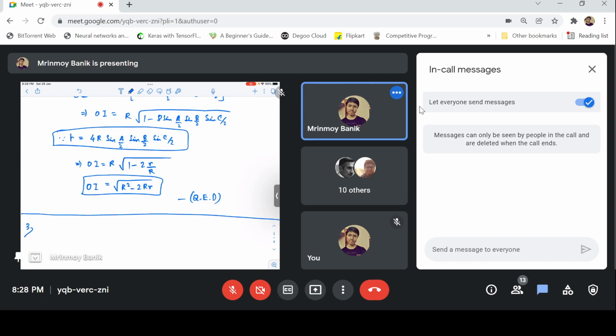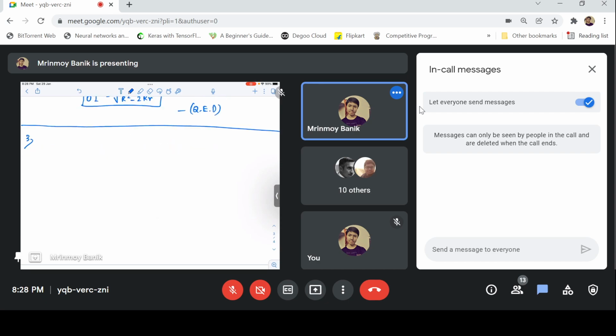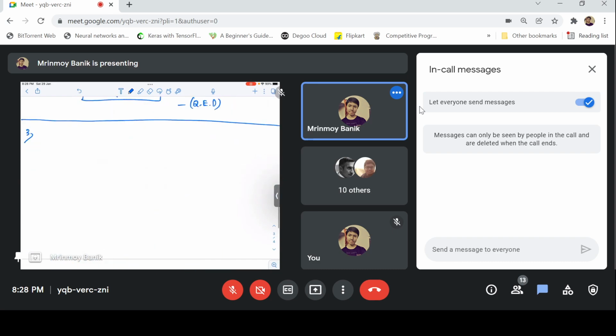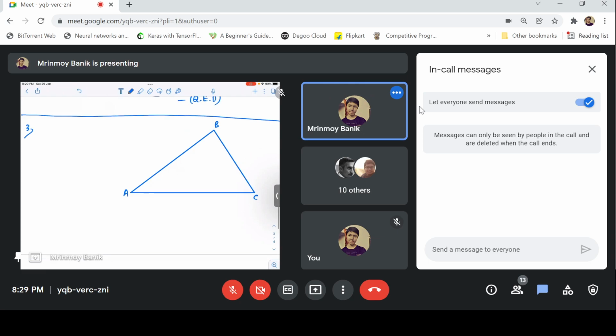So now orthocenter. Circumcenter is somewhere over here. Orthocenter is way up here.